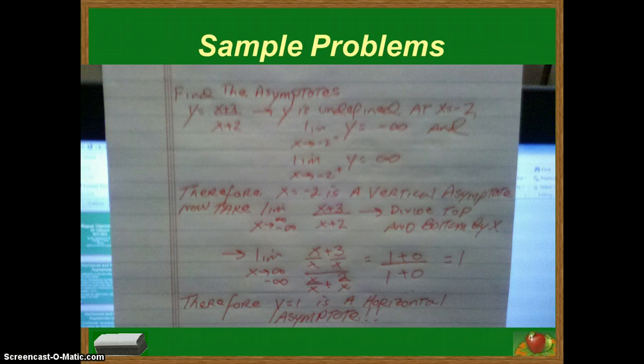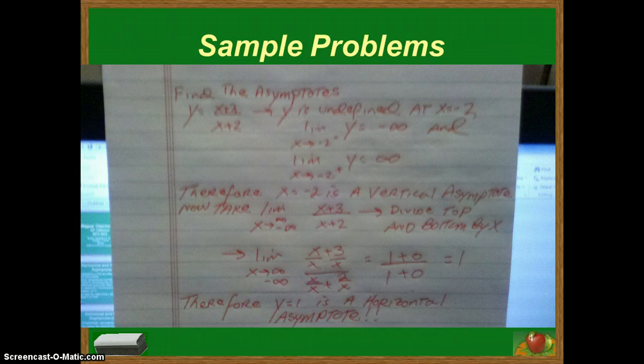Now let's take the limit to find a horizontal asymptote. Let's take the limit as x approaches positive and negative infinity. The first thing, if you remember, is you divide the top and bottom by the highest power of x in the denominator. That would be x. So I divide the top and bottom by x, and what I get is 1 plus 0 over 1 plus 0, which would be 1.